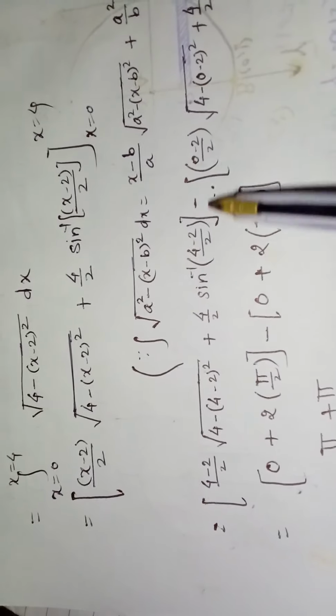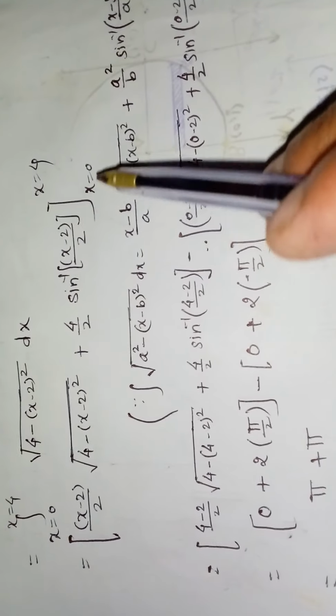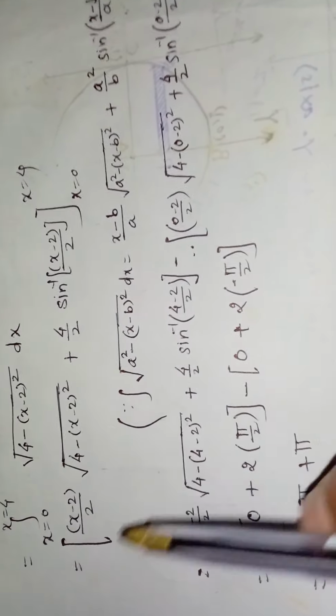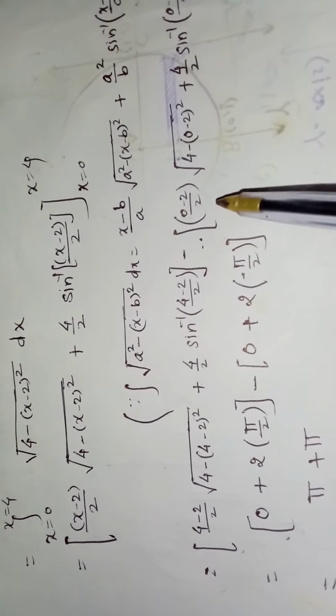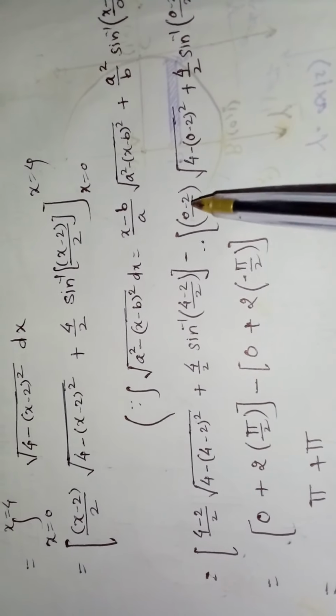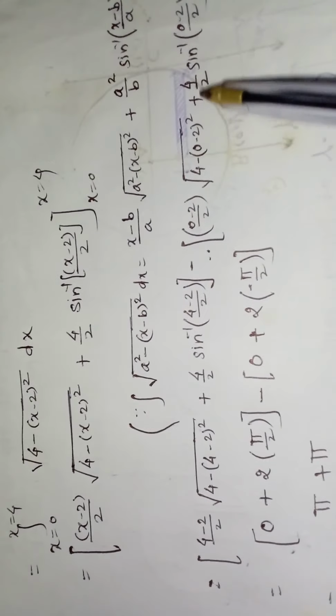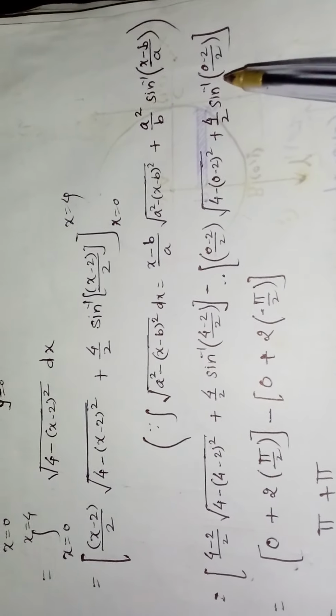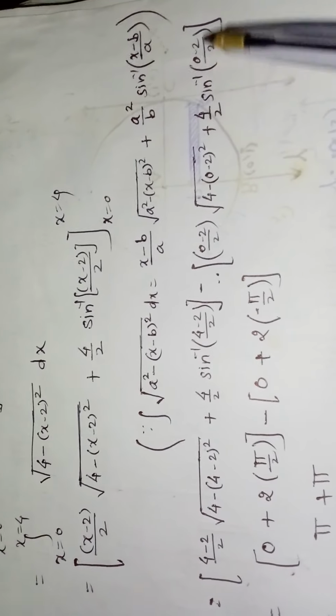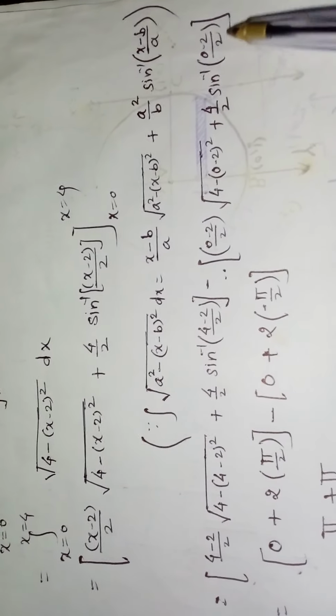So this is the upper limit, minus, now if I put the lower limit, that is x equals 0, then everywhere x equals 0, so this will be (0 minus 2) upon 2, square root of 4 minus (0 minus 2) whole squared, plus 4 upon 2 as it is, into sine inverse of (0 minus 2) upon 2.